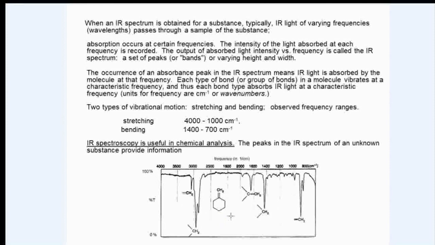For each vibration, there's going to be a frequency matching photon in that IR beam. When that photon impinges on the specific vibrating bond or set of bonds, the photon will be absorbed. And this photon absorption is detected, and this event is recorded.